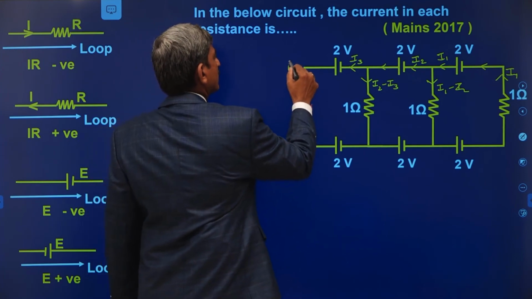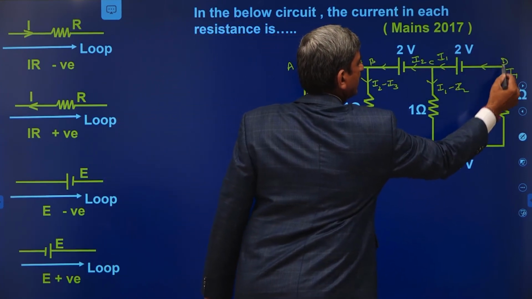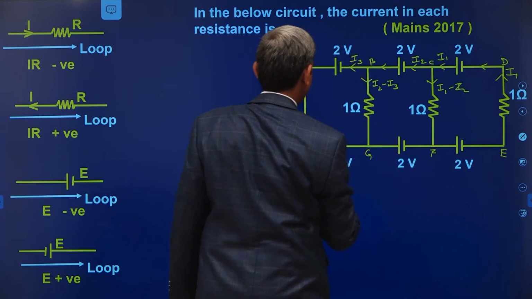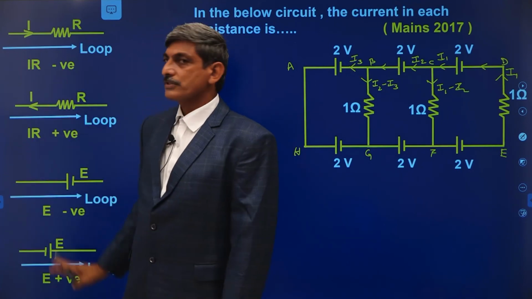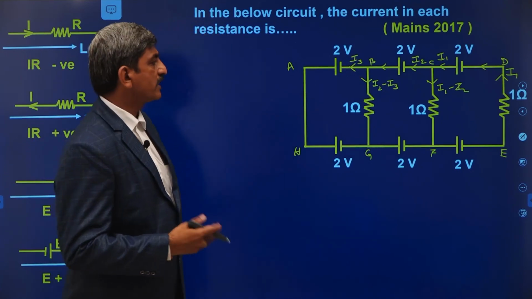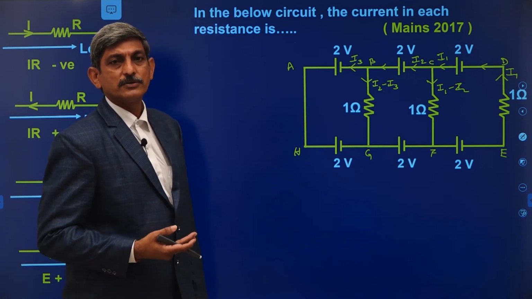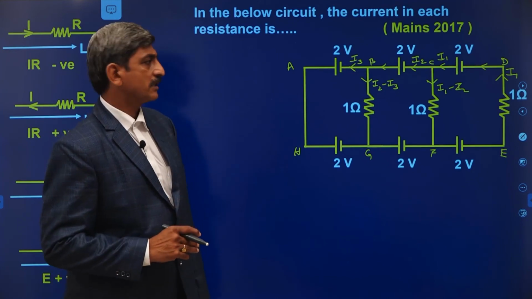Let the points be marked as A, B, C, D, E, F, G, H. Again, by applying Kirchhoff's voltage law for 3 loops, we can find the I1, I2, I3 values. From that we can find the currents passing through each resistor.